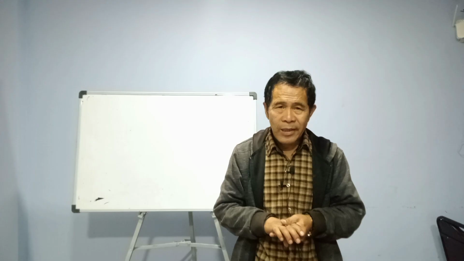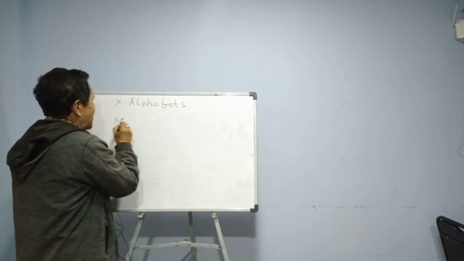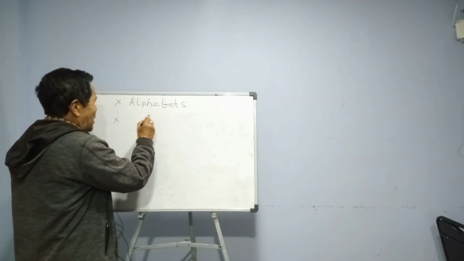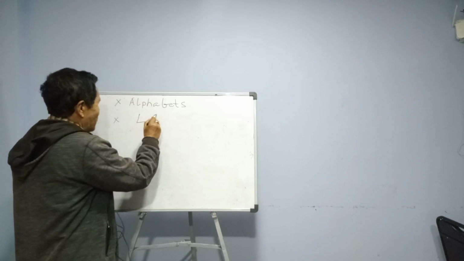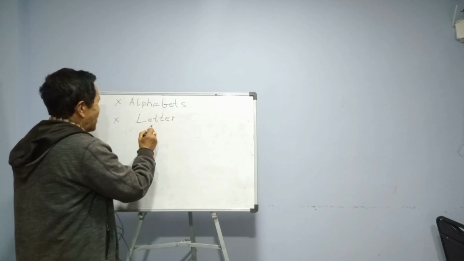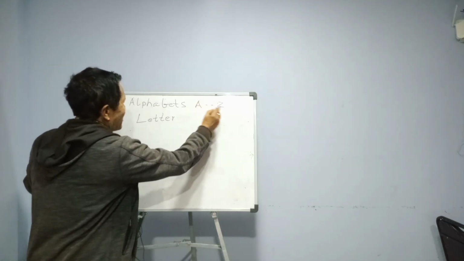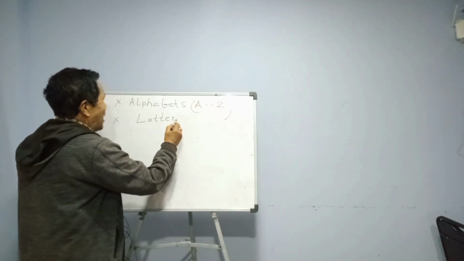So, I will write it down here. What is alphabet? Then letters. Yes, A to Z. Then letter.